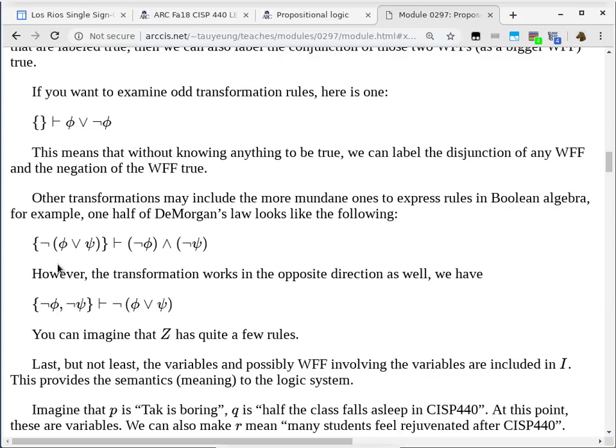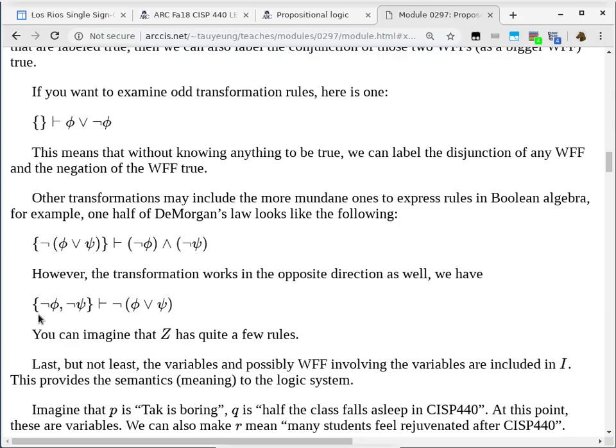Put whatever is here into here. Put whatever is here into here. The inference still works. Is that okay? Yes? Okay. So that's why the schematas are useful, because they can be used to express inferences like that.